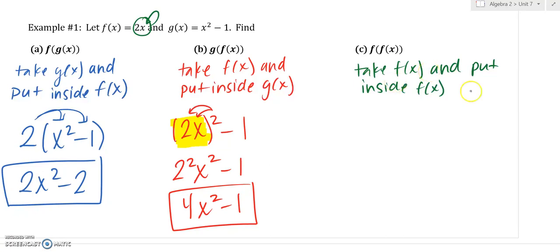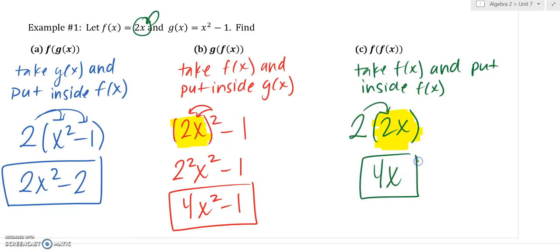So I'm going to take f of x and put it inside f of x. So I'm going to take it and put it inside itself. So I have 2 and then 2x. So again, this yellow part right here used to just be an x, but I put f of x inside of it. Go ahead and distribute in. 2 times 2 is 4, and then I have my x, and then that's completely simplified.